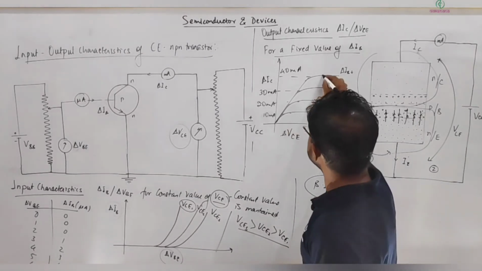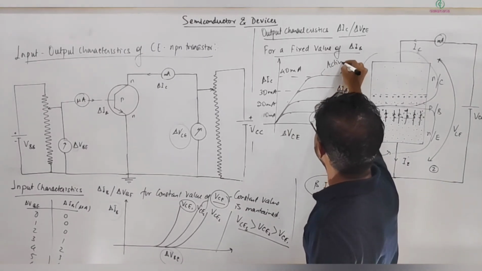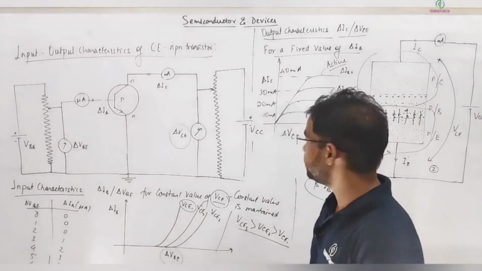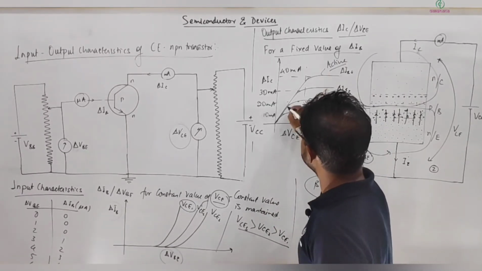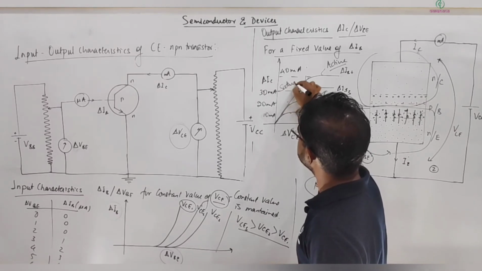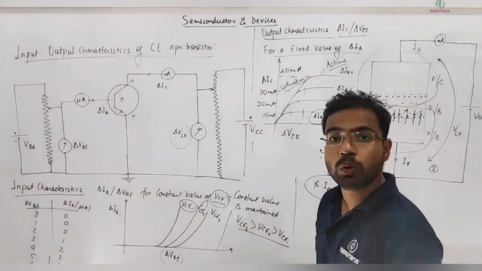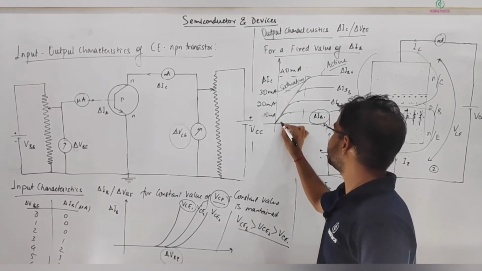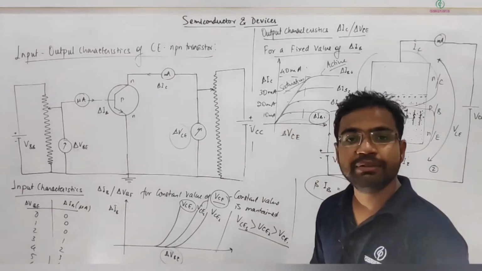Normally, this is the active region of the transistor, up to this variation. This is the saturation region, the saturation mode of the transistor. When IB is very small, IC will also be 0.